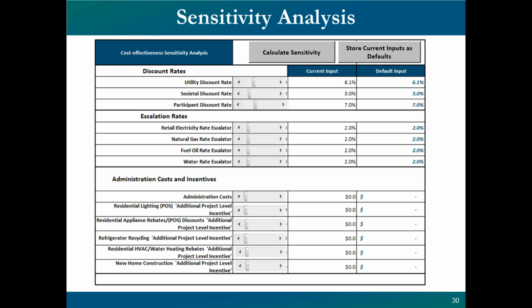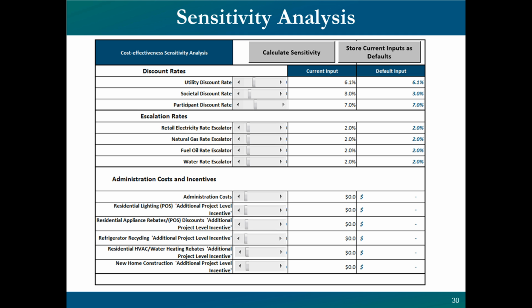So on the sensitivity analysis slide, you can see the different inputs that you can test and analyze the impact of these inputs on the cost test results. As we talked about in the beginning of this presentation, discount rates are a key driver of results, and lower discount rates usually place a higher value on benefits that are accrued later in the life of the measure.